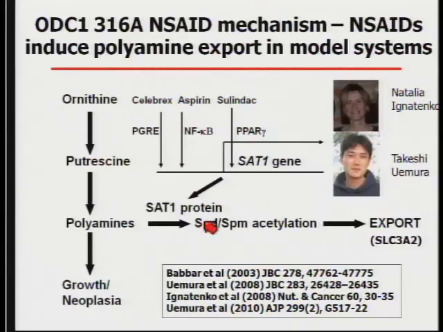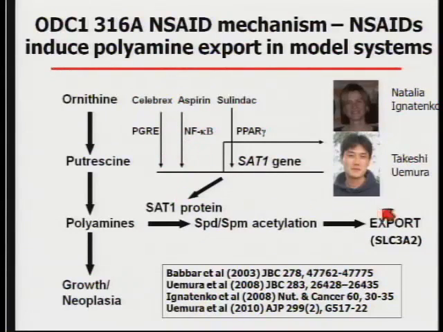We discovered a polyamine catabolic gene called the spermidine acetyltransferase, or SAT1, is a target of a number of nonsteroidal anti-inflammatory drugs. Sulindac appears to work to activate this through a transcriptional mechanism involving PPAR gamma, but a number of other NSAIDs, including aspirin and Celebrex, also activate this gene, and they do so by unique transcriptional mechanisms.